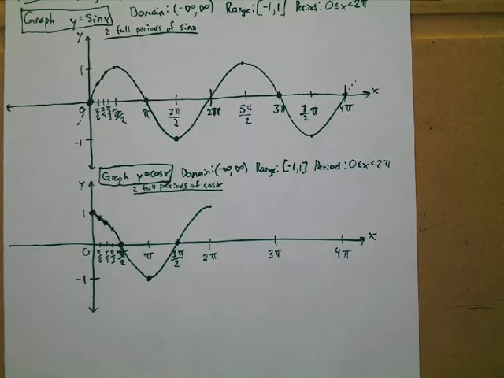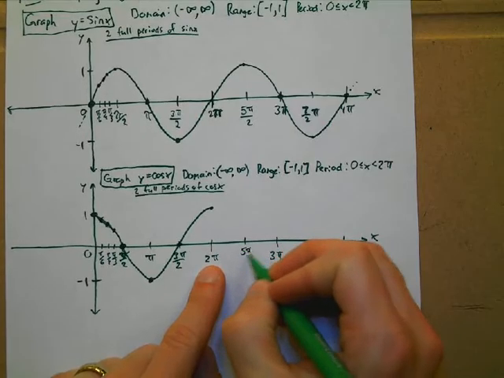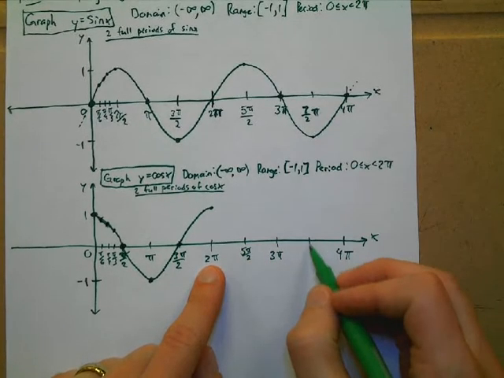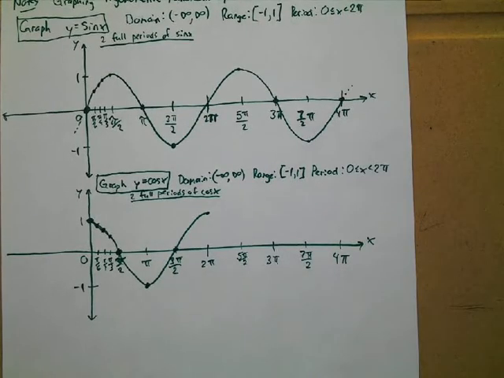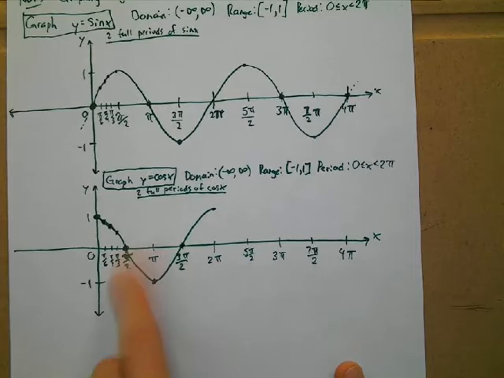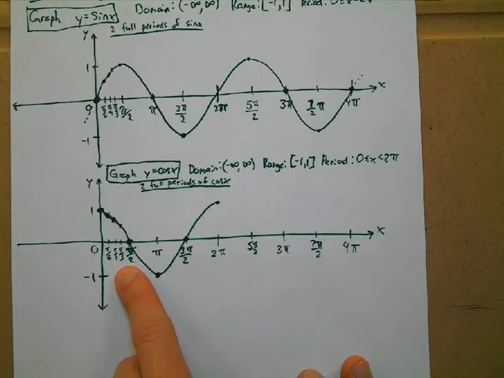So 5 pi over 2 is coterminal to pi over 2. Just subtract 2 pi from 5 pi over 2, and you're back at pi over 2. So cosine of 5 pi over 2 is just like evaluating cosine of pi over 2, so it's going to be 0. 3 pi is coterminal to pi, so cosine of 3 pi is the same as cosine of pi, which is -1. And then 7 pi over 2 is back to 0, and then 4 pi is back to 1.